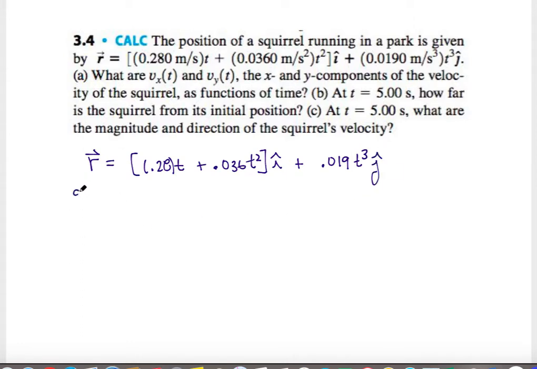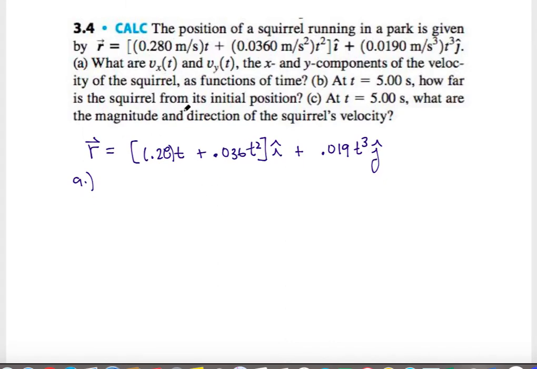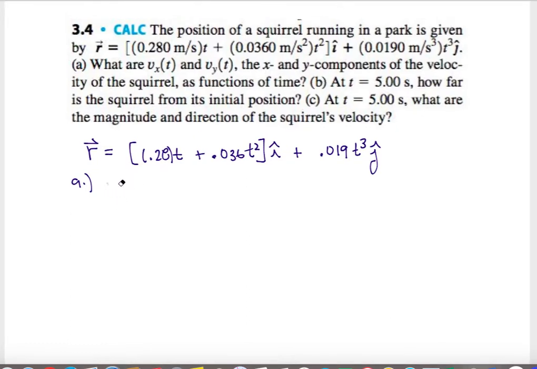So question A asks for the vx of t and vy of t. These are my velocity expressions in terms of time for the squirrel. I know that the x component will come from taking the time derivative of the x position.